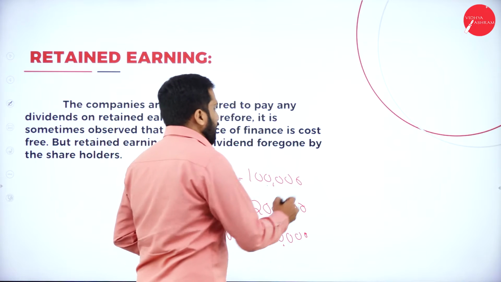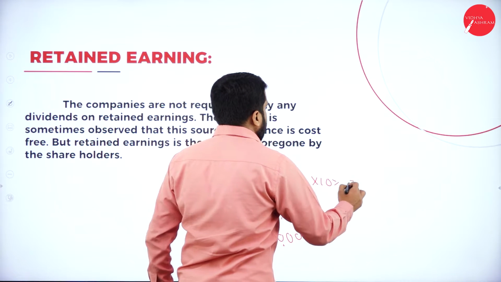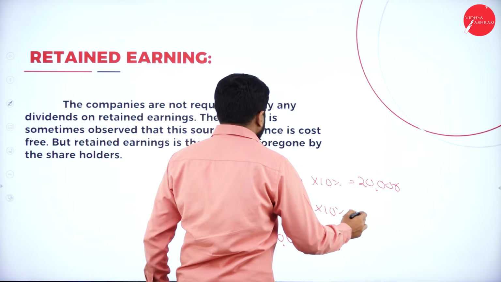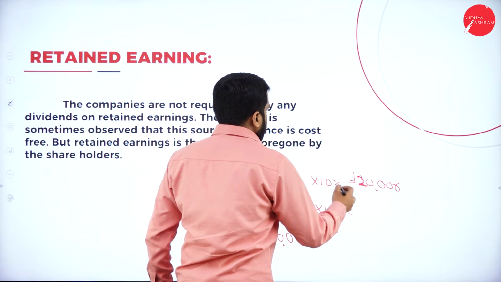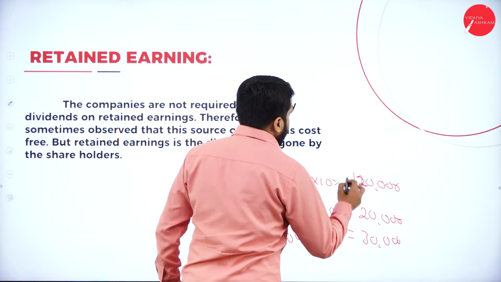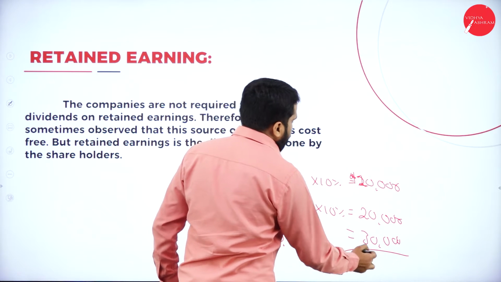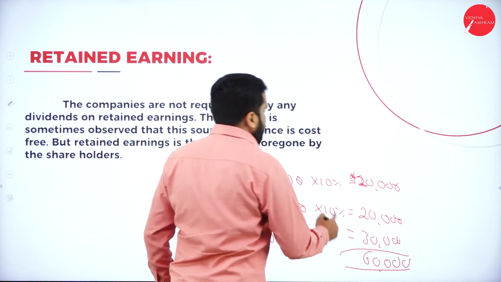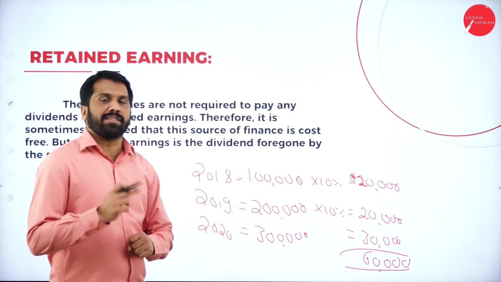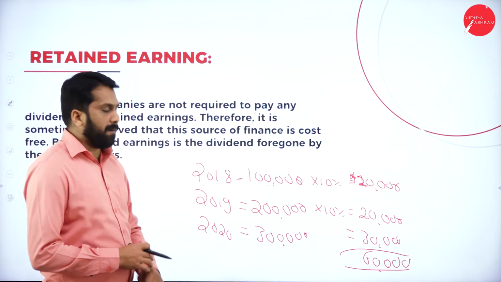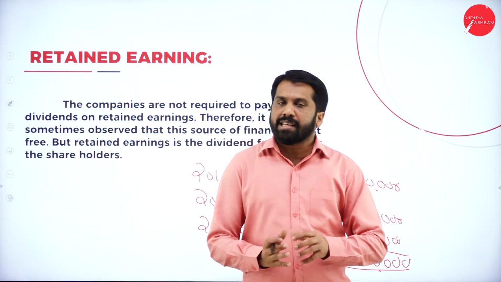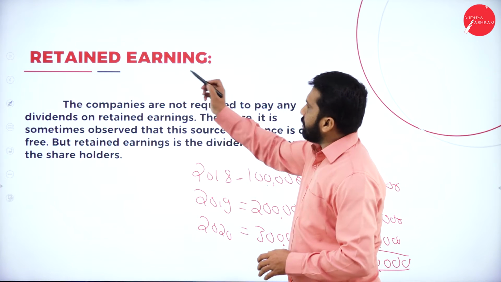If you save 10% of each, it is 10,000, 20,000 and 30,000. So total it is 60,000. Your total savings is 60,000. Whatever you have saved every year, 10,000, 20,000, 30,000, all the savings we call retained earning.